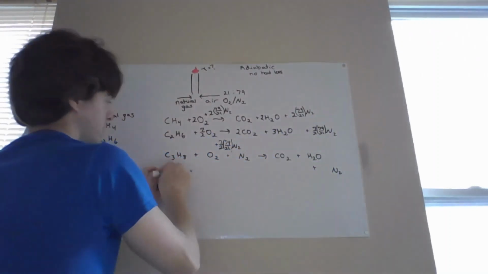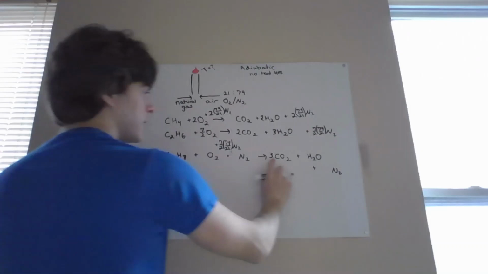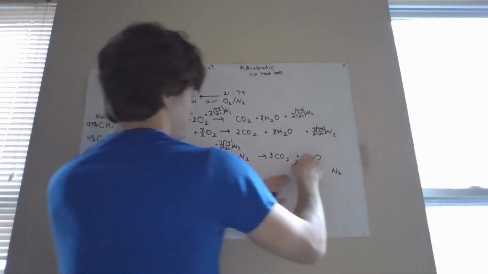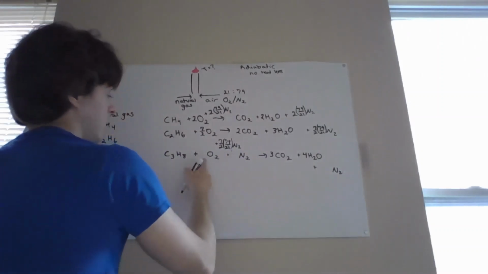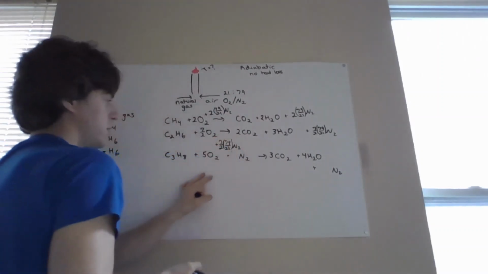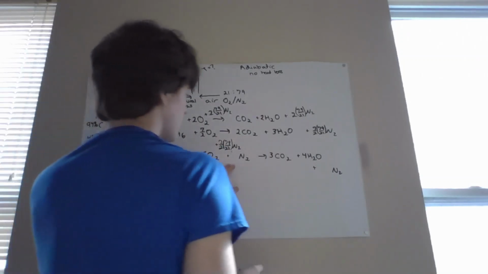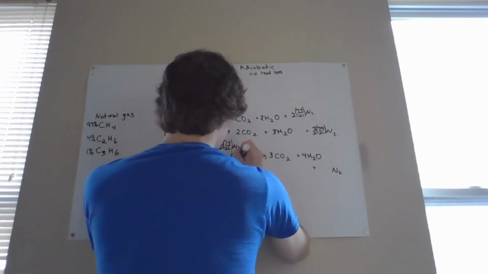Again, we'll start balancing the carbons. There's 3, so we'll have 3 moles of CO2. Balance the hydrogens, there's a total of 8, so we have 4 moles of water. Then we can balance the oxygen, which is a total of 10 on both sides. Then we can account for our nitrogen using the ratio.